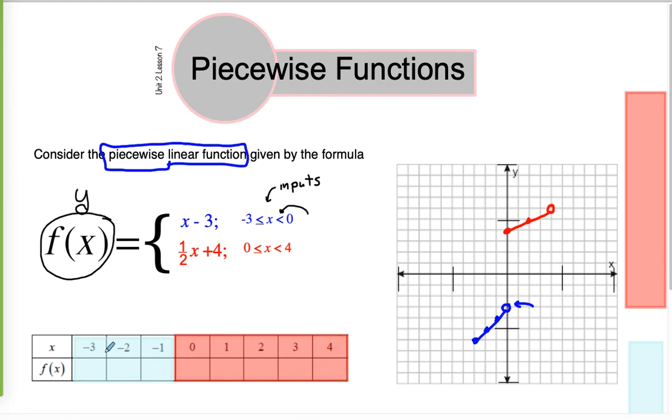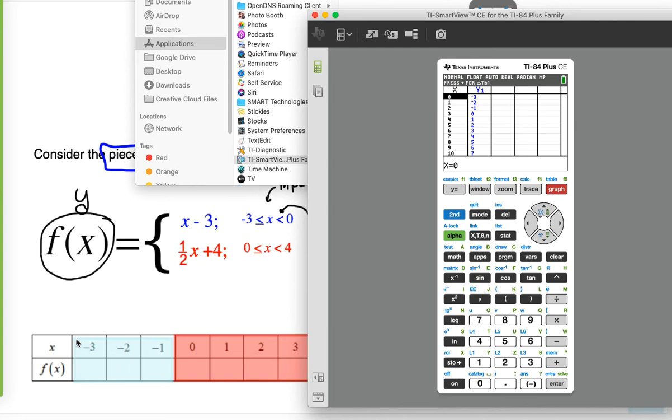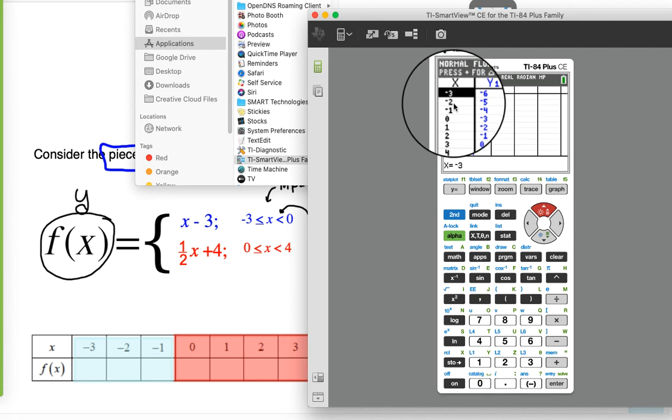So we could just go to a table, right? We could go to our calculator. I can type in x minus 3, and I can go right to table, and I only need the values when x is negative 3 to negative 1.